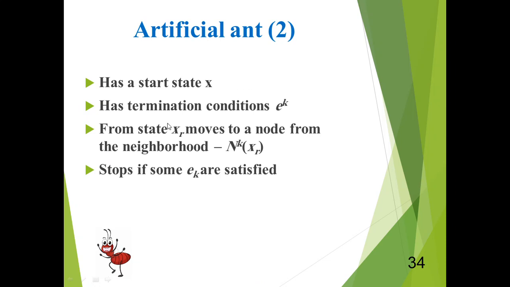Artificial ants, number two: has a start state XS, has termination conditions EK. From state XR, moves to a node from the neighborhood, and XR stops if some EK are satisfied.